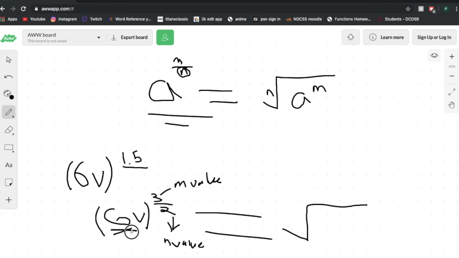This whole 6v counts as the big a base, so we're going to put the whole 6v under the root. Make sure to keep the brackets around the 6v together. And as you know, the m value goes on the 6v, and the 2 goes on the root. So these two are equivalent to each other.